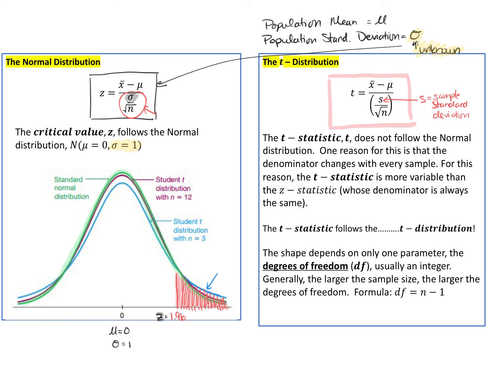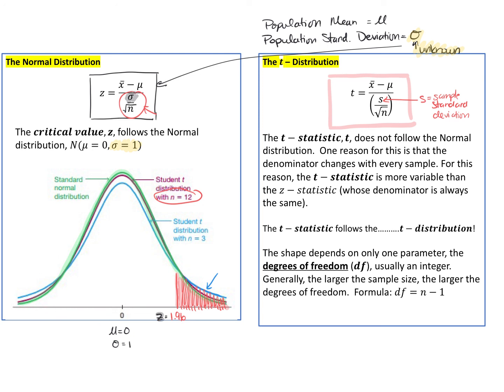But it turns out that as n gets larger, if you take a look at when n goes from 3 to 12, notice that for the red curve, the tail gets a little bit thinner. So here we can see that as we move from an n size of 3 to 12, the t-distribution starts to match up with the normal distribution.